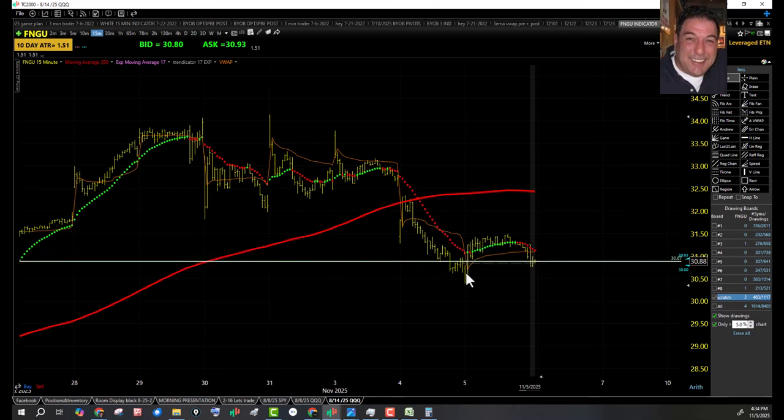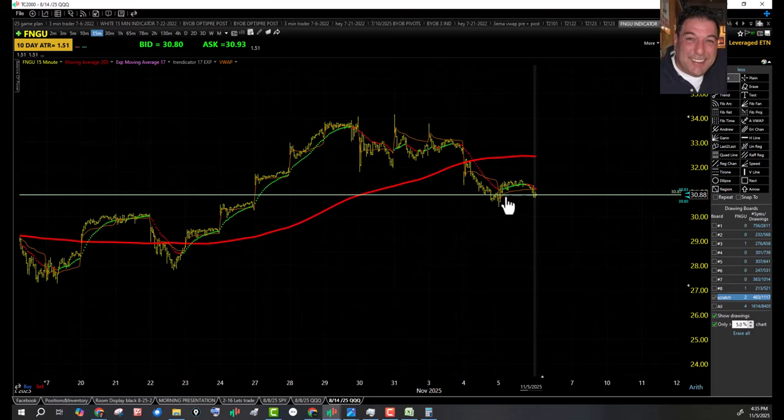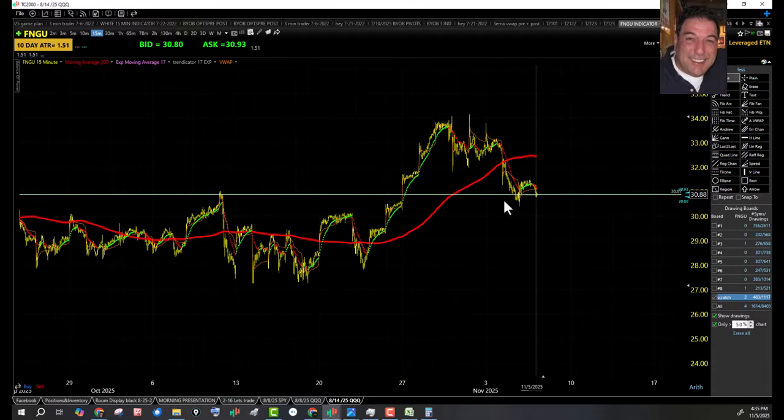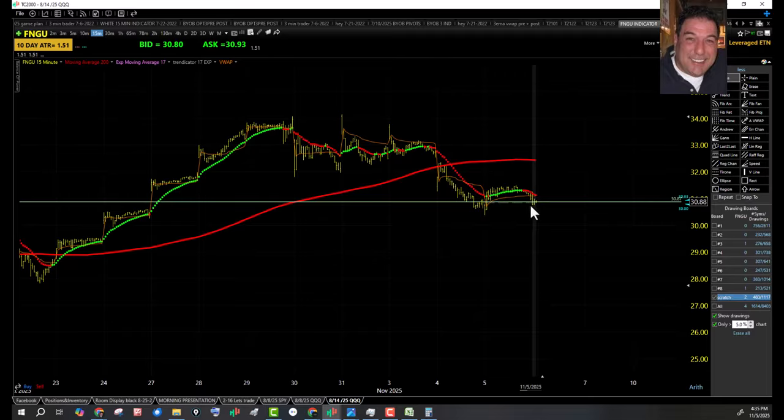We're underneath a flat 200, and we're still in a downtrend because we haven't made any higher highs. So there's FNGU. So not really showing us the juice that we need to see, unless of course this pans out to be a higher low and the bulls really get inspired tomorrow and produce a higher high.